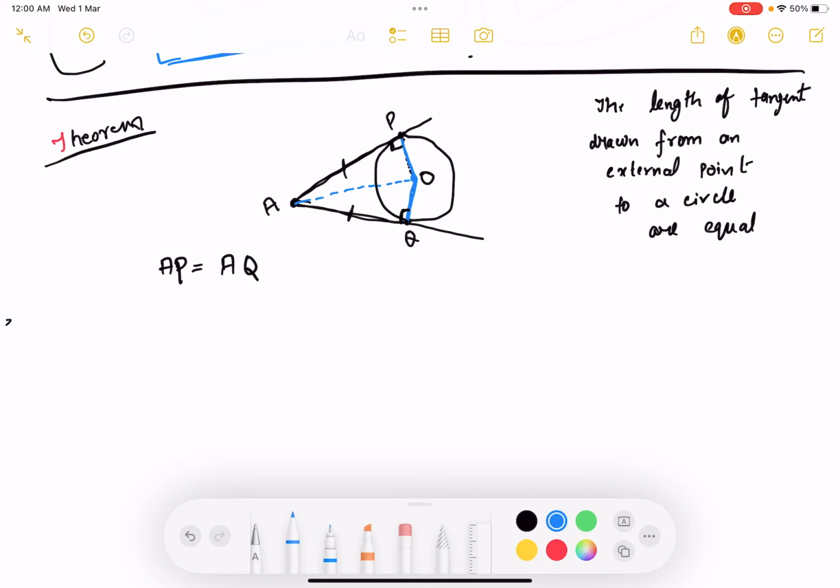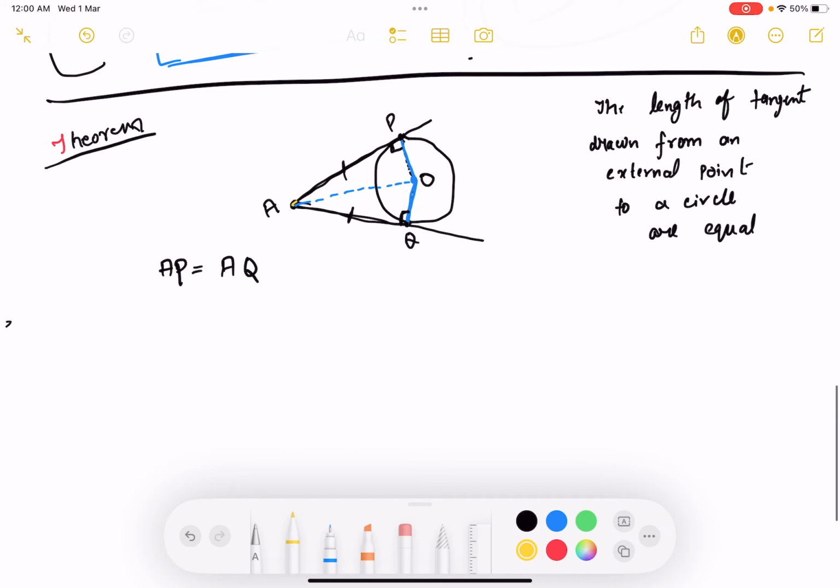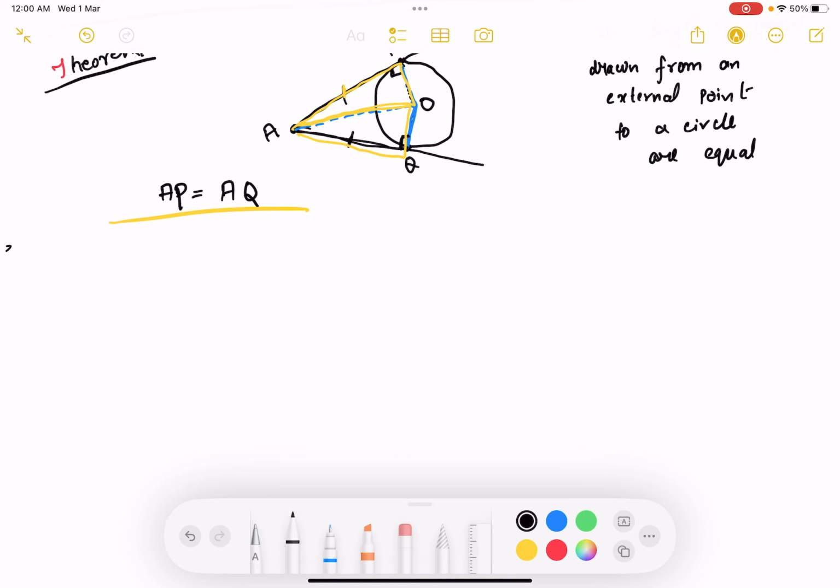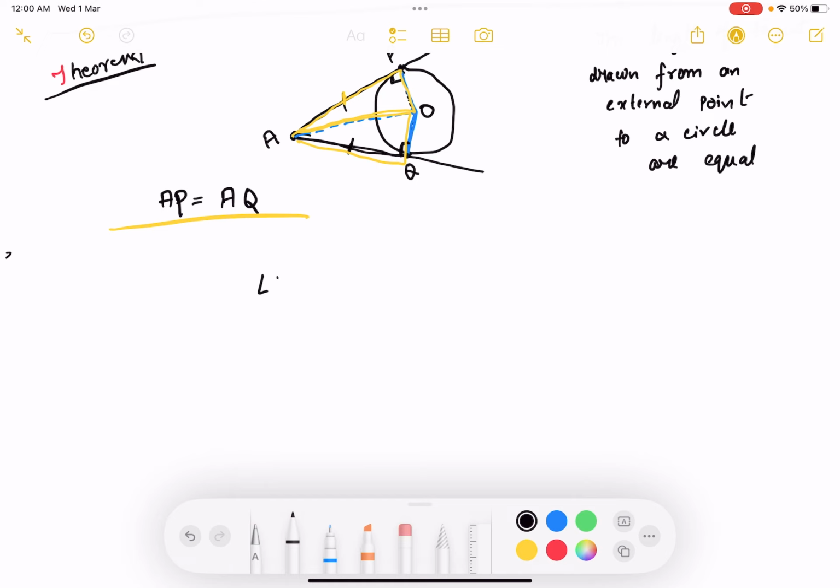So if we can somehow prove that this triangle APO and triangle AQO are congruent, then it's implied that AP will be equal to AQ. So let's try to prove these triangles to be congruent. So first thing which we are given is angle P is equal to angle Q is equal to 90 degrees from theorem 1.